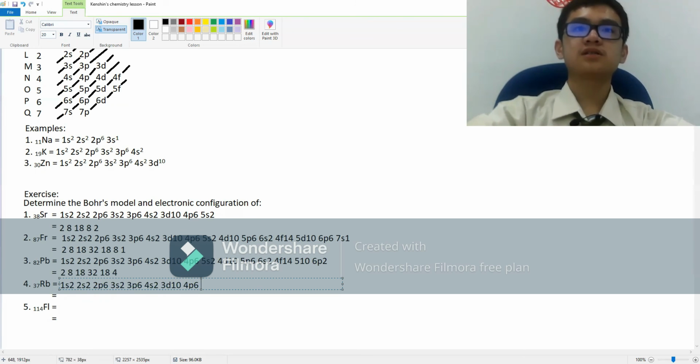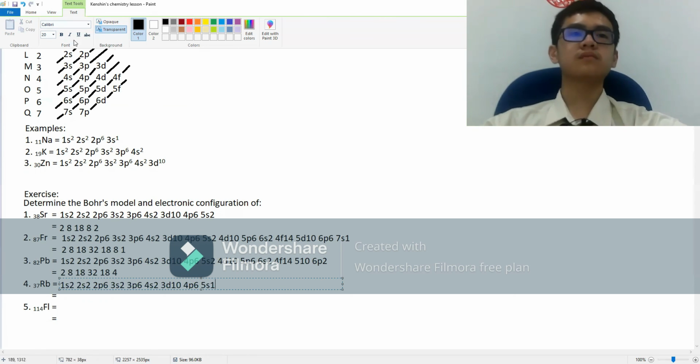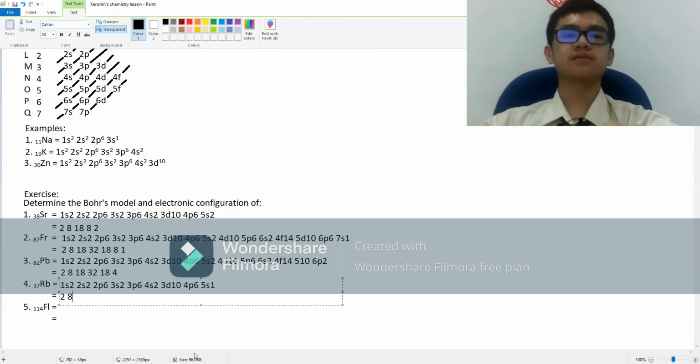Then 4p6 makes it 36. Now after 4p6, we get 5s1. Tally up. The first shell has 2. Second shell has 8. Third shell has 2 plus 6 plus 10, which is 18. Fourth shell has 2 plus 6, 8. This shell only has 1.